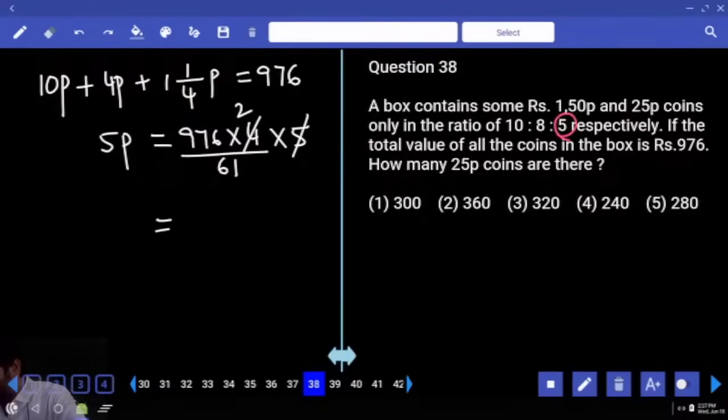Are you following? 2 into 5, 0. Leaving this 0, the numerator ends with 2. Denominator 1 into which number ends with 2? The answer should end with 20. Third option.